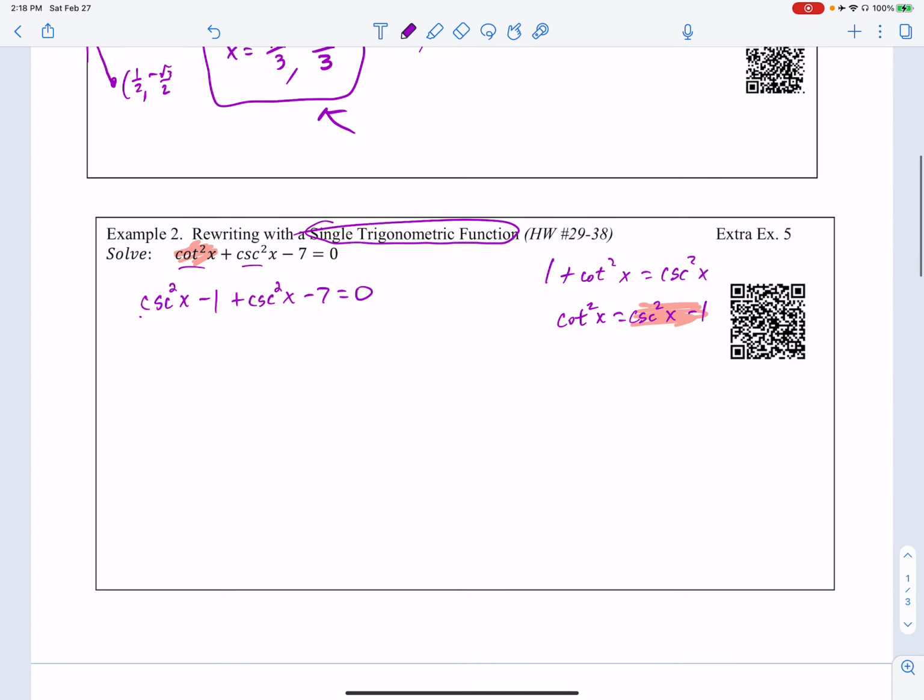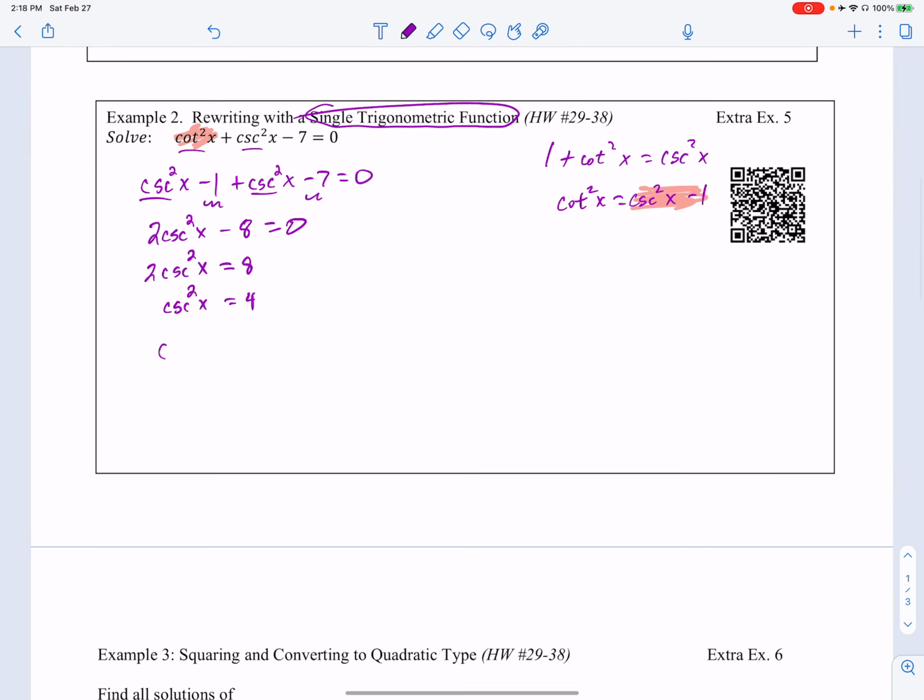And so the cosecant squareds are like terms. There are two of them. And the minus 1 and the minus 7 are like terms. So collect them. And then isolate the trig function. And divide by 2. And then when you take the square root, you get cosecant of x equaling plus or minus 2.